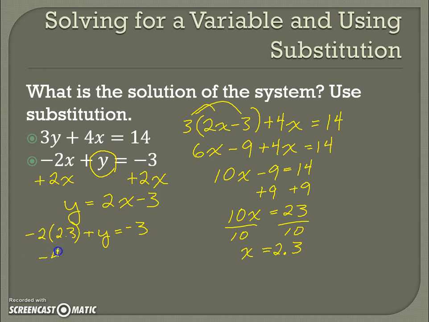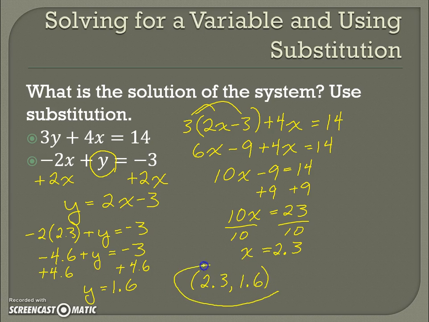This is negative 4.6 plus y equals negative 3. Add 4.6. And I get y equals 1 and 6/10. So my ordered pair is 2 and 3/10 and 1 and 6/10.